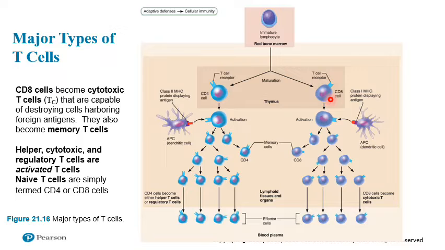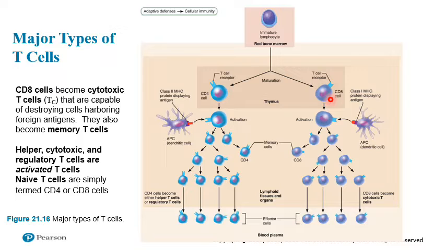Those naive CD4 and CD8 cells, those T cells that have not been exposed to any antigen, you call them naive. You do not call them helper T cells or cytotoxic T cells. No, they are just CD4 and CD8. And they could be in the lymph node waiting for their chance to be exposed to the antigen. But once they're exposed to the antigen and get activated, you don't call them CD4 anymore.